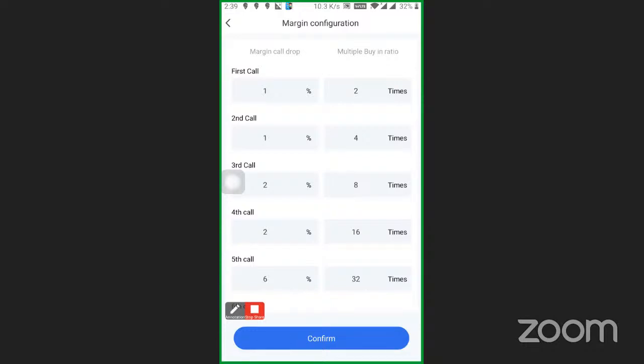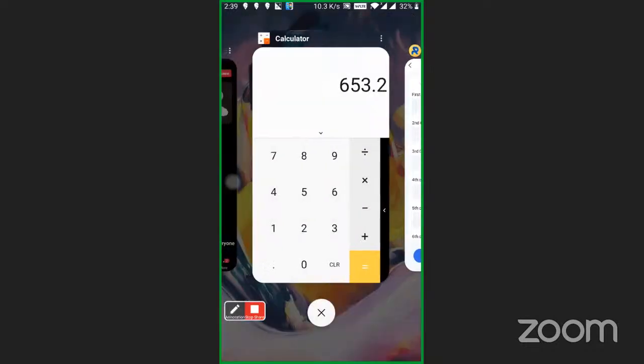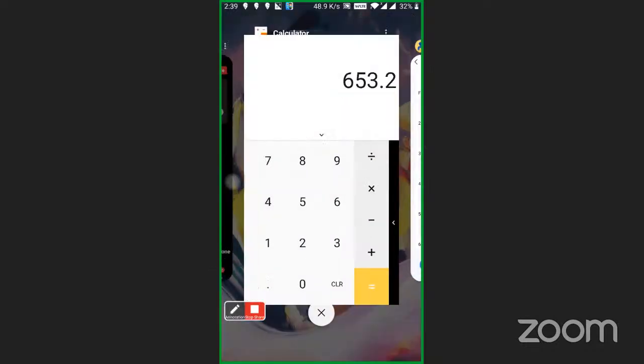So how much capital is required? That is the main thing. So let's add it. And now remember, we have 10 margin calls, right? We don't have 7 or 8. We now can trade with 10 margin calls.